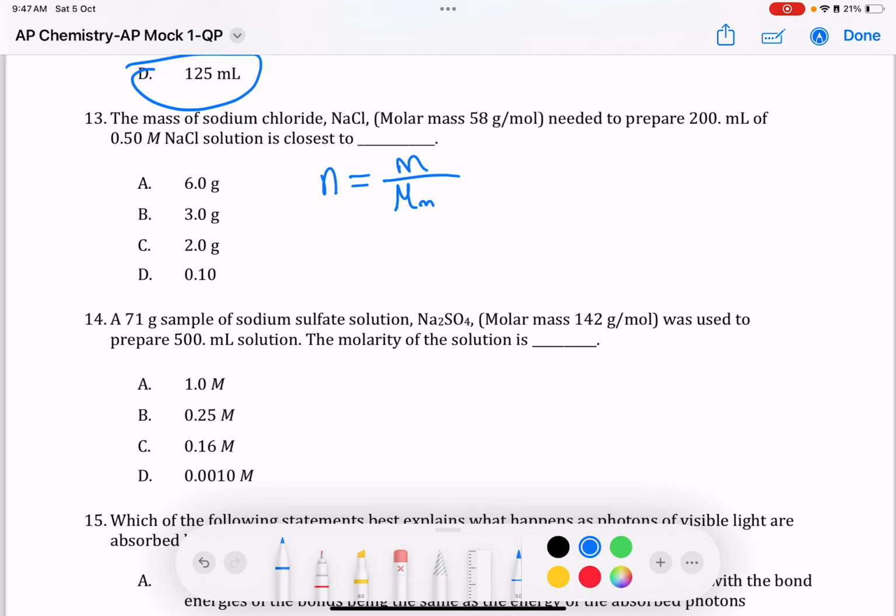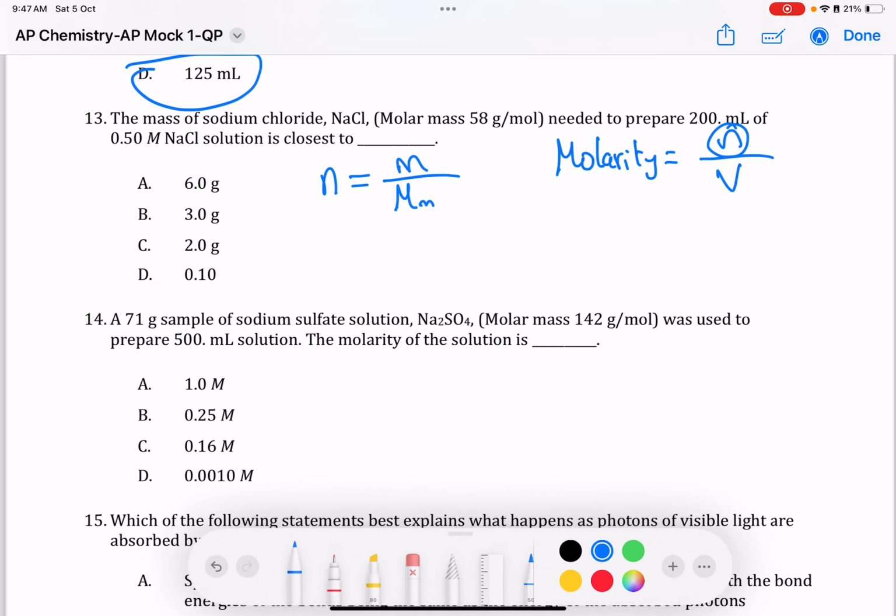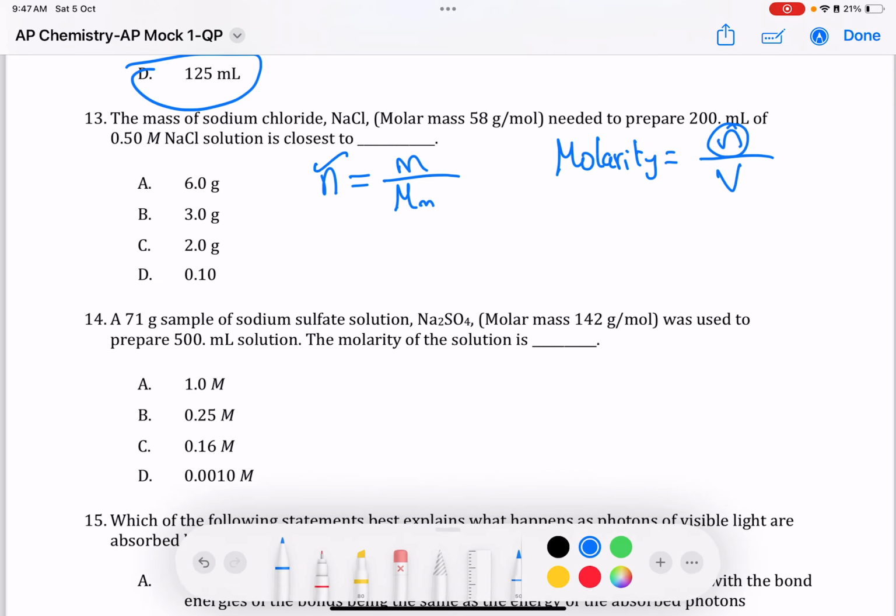We want to prepare 200 milliliters of a certain molarity, and the molarity is the number of moles per volume. So first of all, we need to find the moles of this solution, and then placing the moles here, we can identify how much mass is needed.